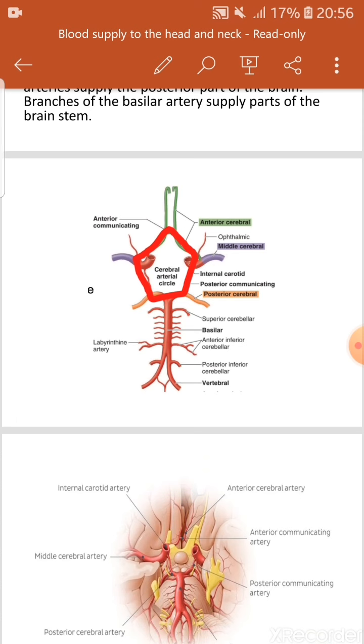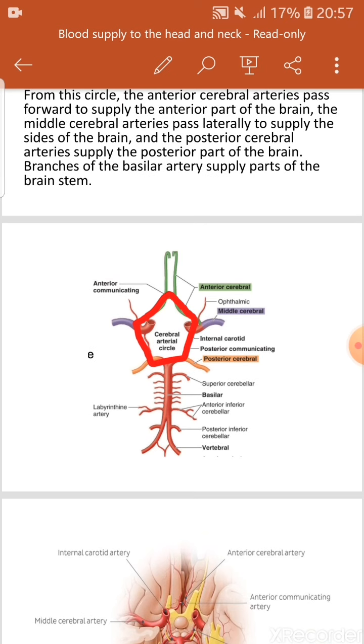Okay, so the vertebral arteries give off many branches which run downwards, and these branches are the posterior inferior cerebellar arteries, the anterior spinal arteries, and the posterior spinal artery.